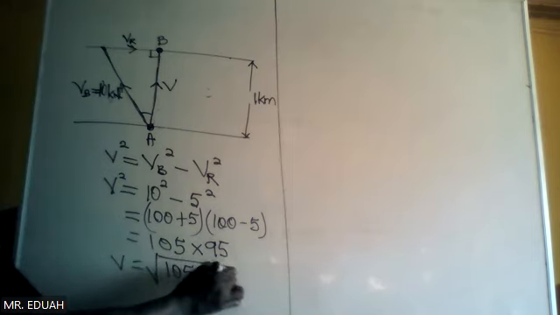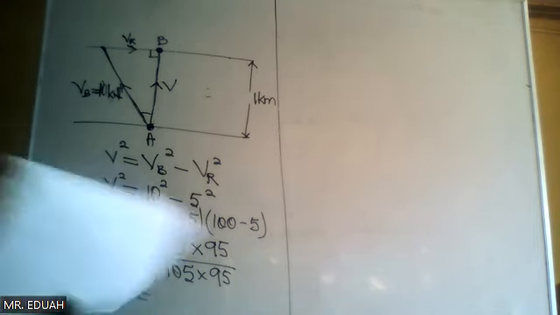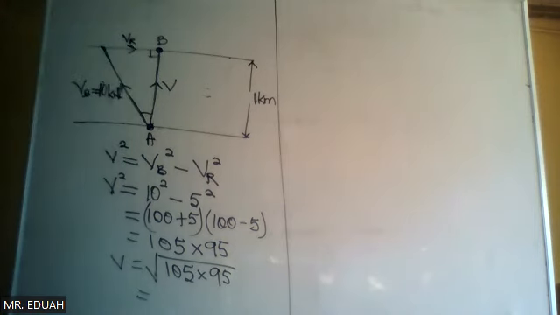Please do the multiplication, take the square root for me. What is V? Ekuya Doma, Ekuya, Akusua.